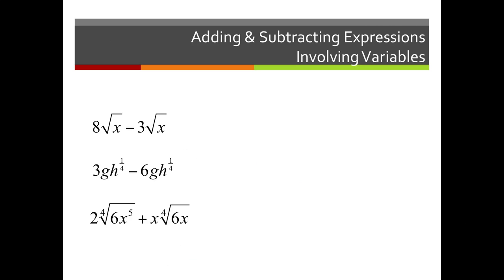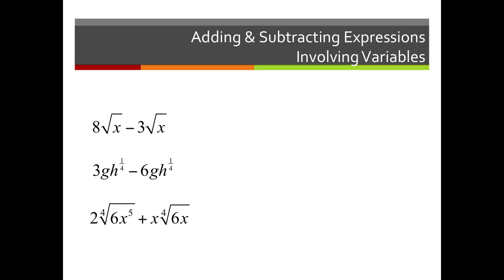All right, last bit here. If you have a product in your term or a portion of your term that matches up from term to term, then you have like terms.